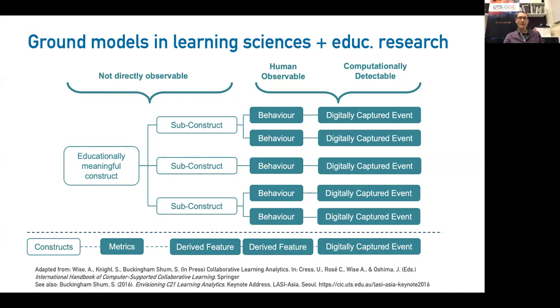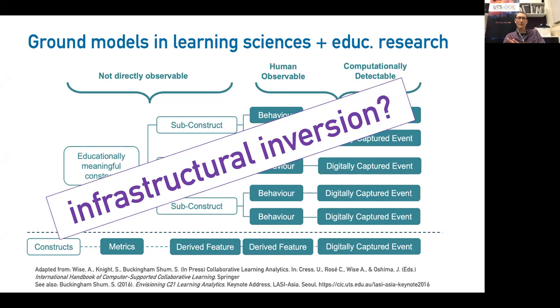Okay, and I suggest that perhaps what I'm doing here is actually a form of what in knowledge infrastructure theory is called infrastructural inversion. Okay, what this picture shows is how we are defining computational metrics for a particular educational outcome.